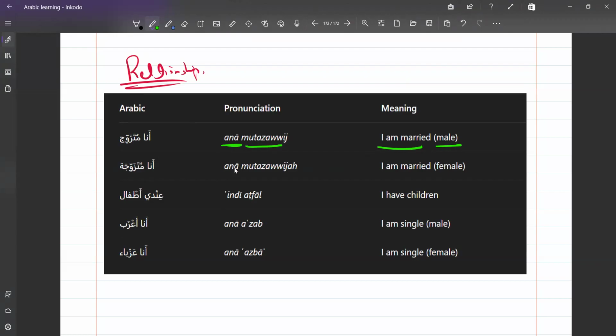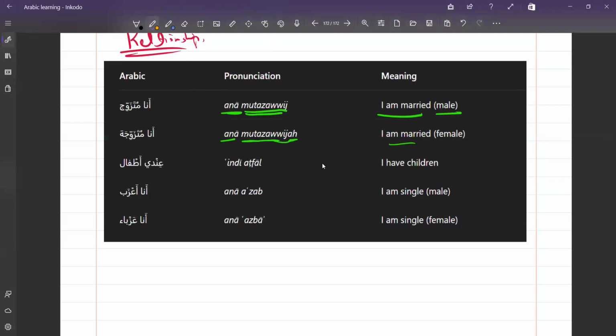Ana mutazawwij for a male. And how would a female say it? She would say it like this. Ana mutazawwija. Mutazawwij for a male and mutazawwija for a female. Ana mutazawwija means I am married, but for a female.